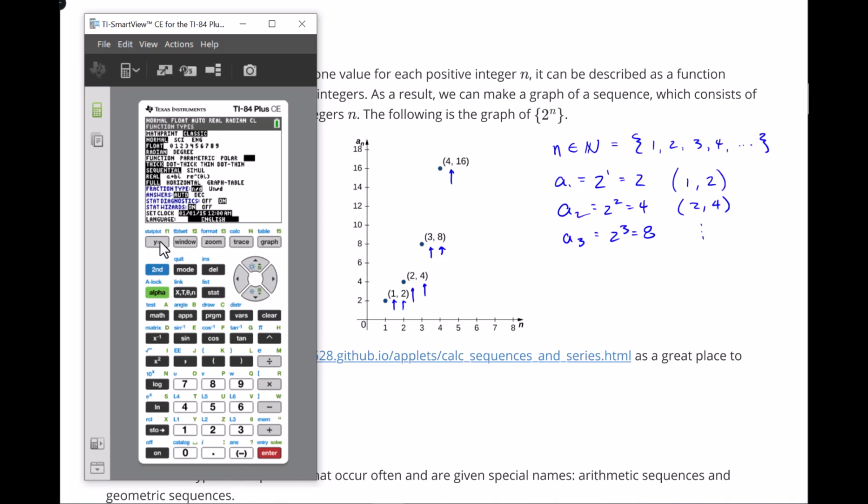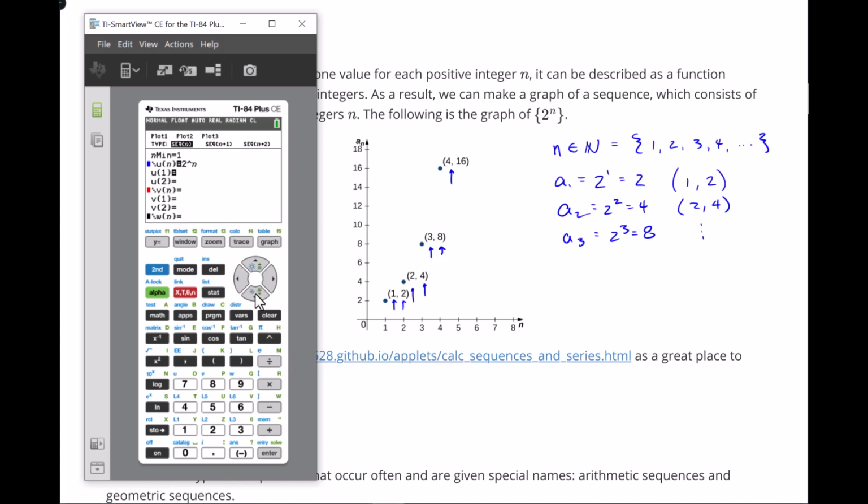So when you go into y equals, now you have some different options here. To be honest, I don't use this often, but I believe it allows you to define a recursive definition if you want, and you can plug that in.